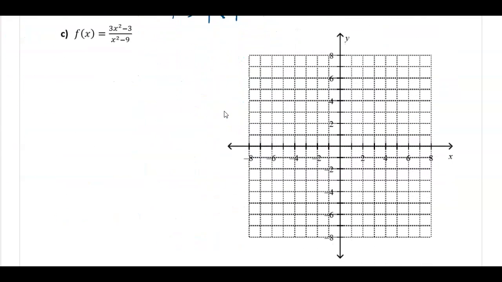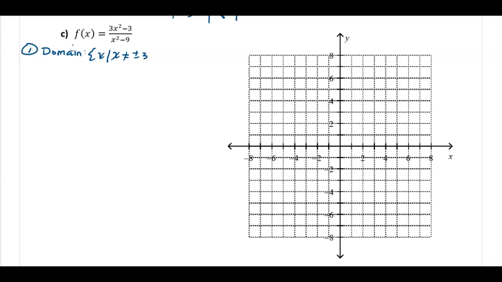With this section, it's just going to be example after example after example, so you guys get a feel of what we're seeing. All right, so step 1, domain. X such that x cannot equal plus or minus 3.